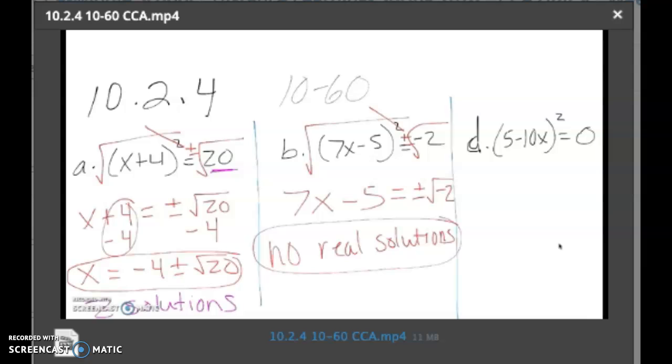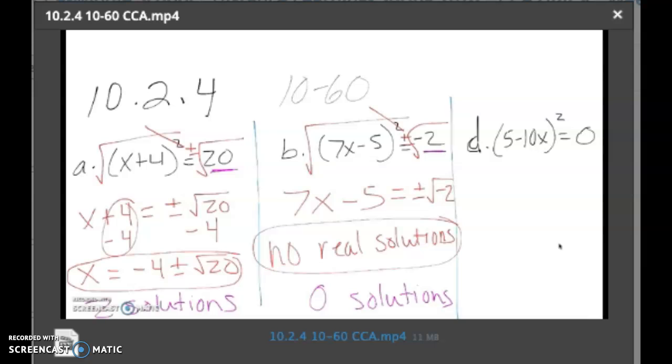So in this case, we have 0 solutions. And the reason I know that it would have 0 solutions if I didn't even solve it is that if this equation is equal to a negative number, automatically I'm going to know that I'm not going to have any solutions, because I know that my first step is going to be taking the square root of that negative number, and that I cannot do.